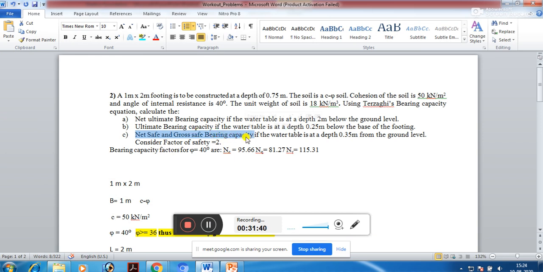So is it clear? This problem is a very good problem. You have understood through this problem how to find out the bearing capacity, as well as how to find out the effect of the presence of the water table at different positions on bearing capacity. Also, with the help of this problem, you can understand the effect of the factor of safety on bearing capacity.